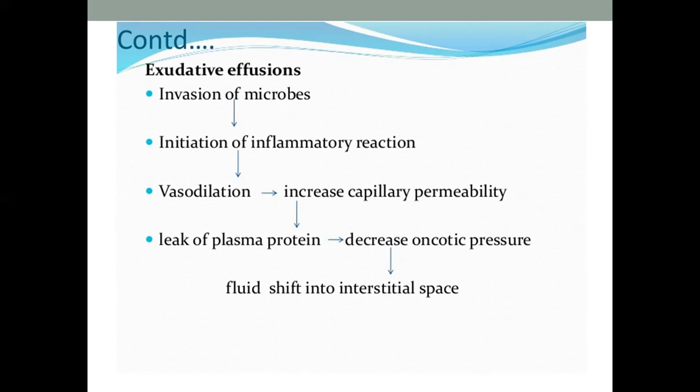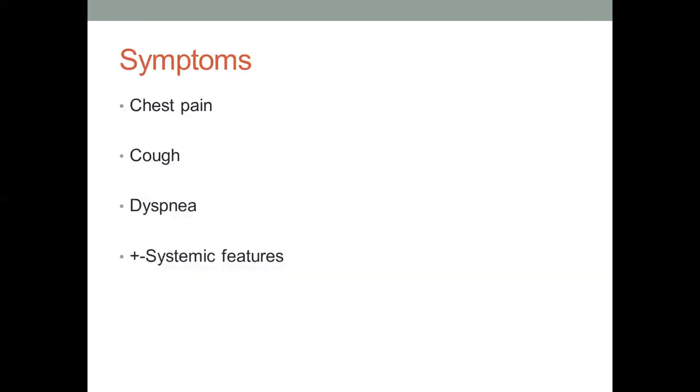So the capillary permeability increases and fluid will come out because of the leak of plasma protein. So the oncotic pressure will decrease and fluid will go to the interstitial space and effusion will form.